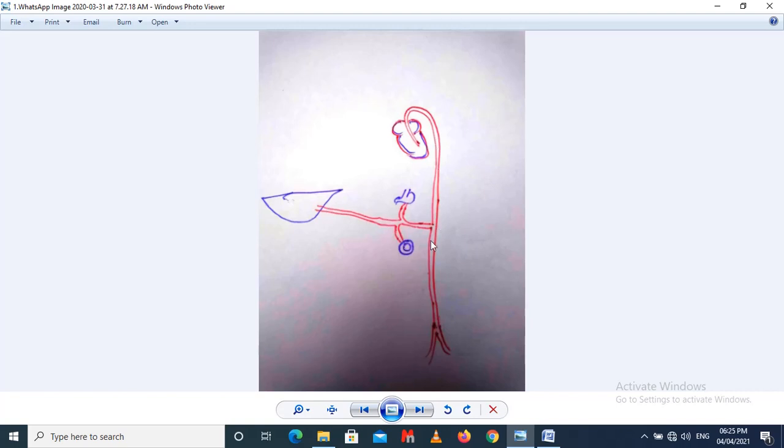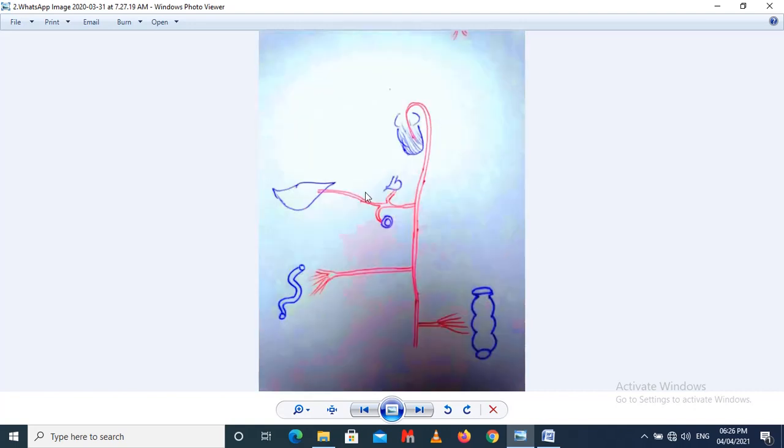So the descending aorta gave rise to the celiac trunk. This celiac trunk gave rise to the gastric artery, and then the hepatic artery, and then the splenic artery, which supply blood to the stomach, to the liver, and to the spleen.